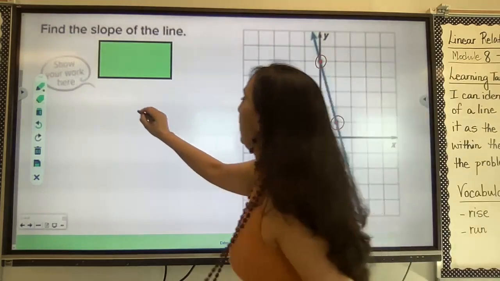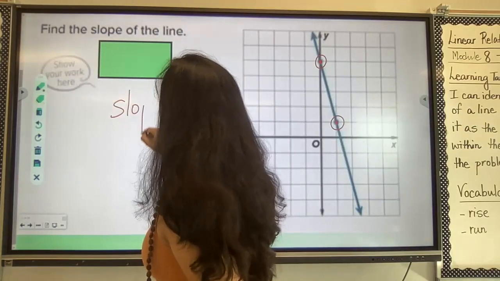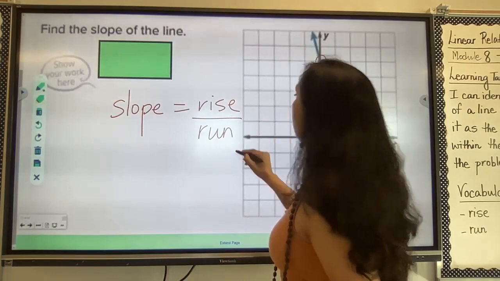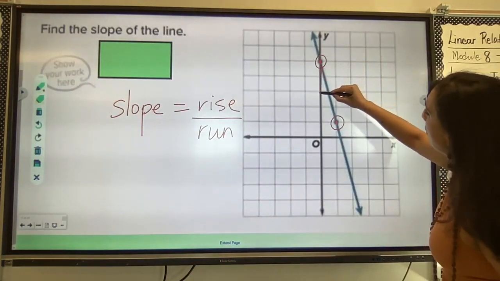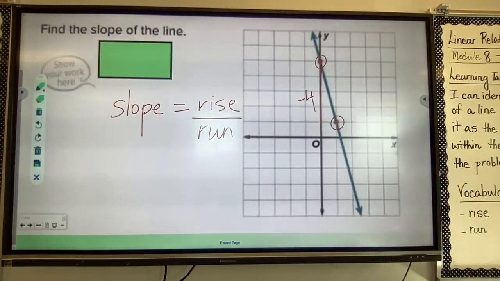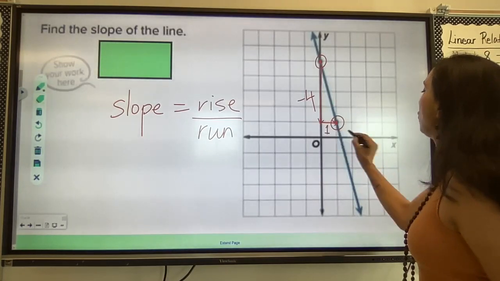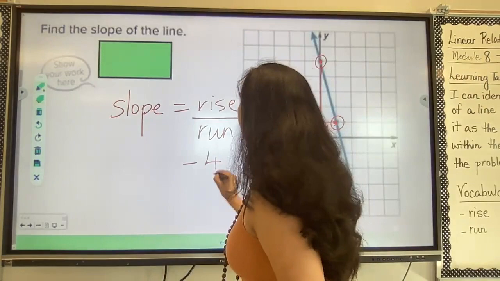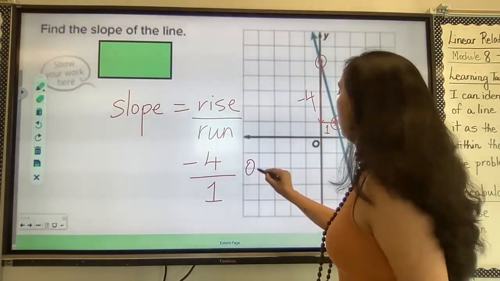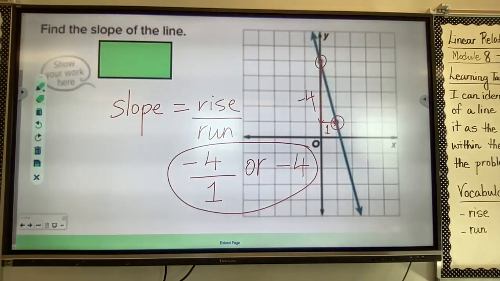Once again, your slope, which is also m, is equal to rise over run. Rise is the vertical: 1, 2, 3, 4. This is -4, right? Since it's going down. And this is how much? This is going right. So this is going down 4 and 1 right. Therefore, -4 over 1, that is my slope, which is -4. So this is the slope of the line.